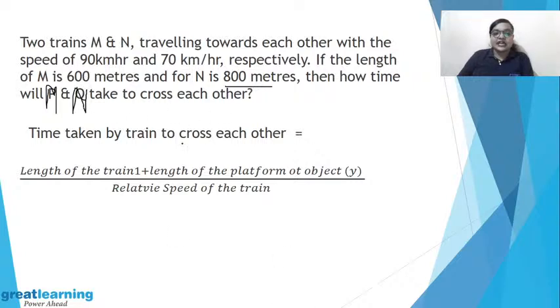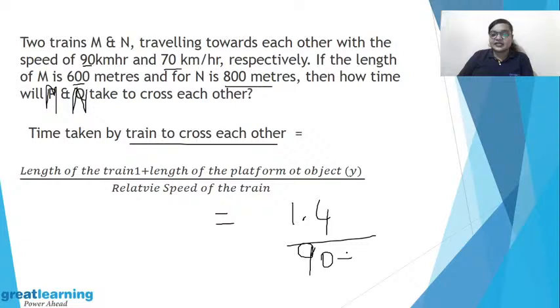So time taken by the trains to cross each other, length. 800 meter is nothing but 0.8 and this is nothing but 0.6 kilometer. So 0.8 and 0.6 is going to be 1.4 kilometer, divided by 90 plus 70 kilometer per hour.